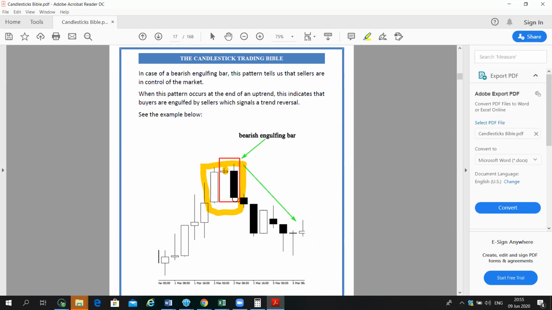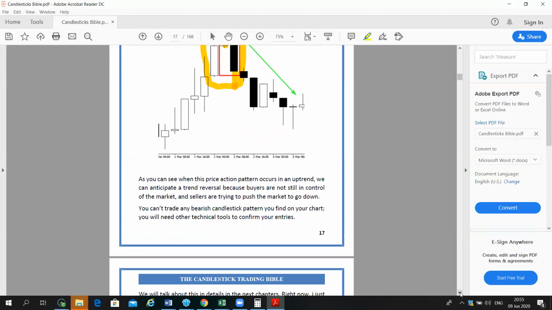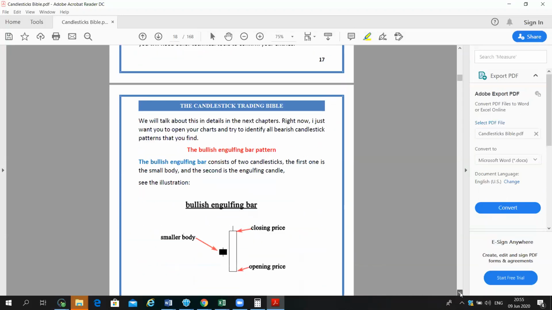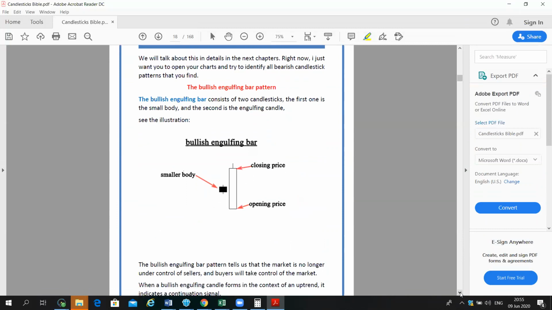So this one has to be bigger for it to be an evening star. So just take note. It's a bearish engulfing candle. So now we know those two candles, where the bearish candle overshadows the bullish.